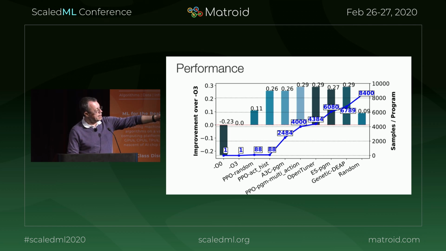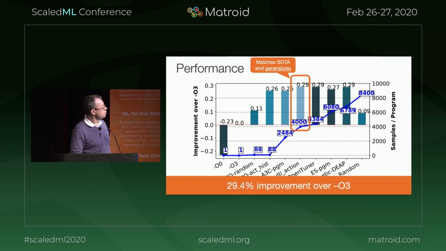And on the right-hand side y-axis, you have the samples, how many samples you use to train for a particular program. So obviously, the smaller the number of samples, the better. The higher the bar, the better, right? And the summary here is that we basically match the state of the art in terms of performance.